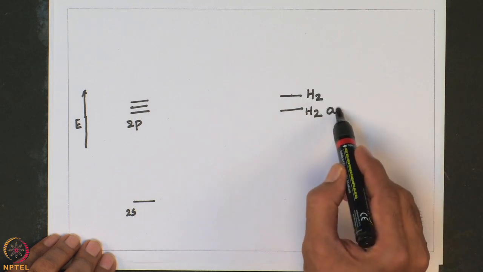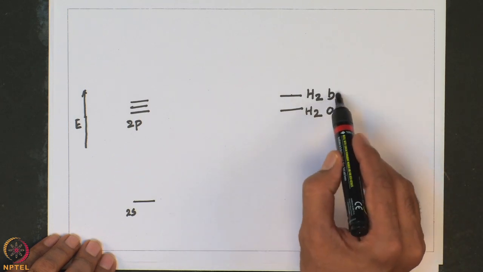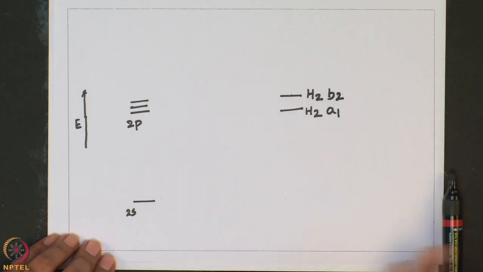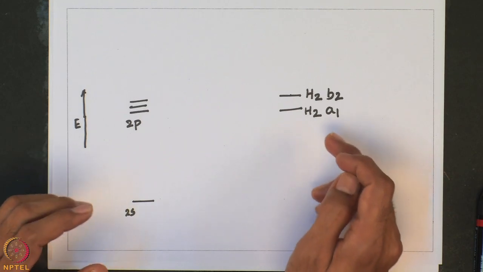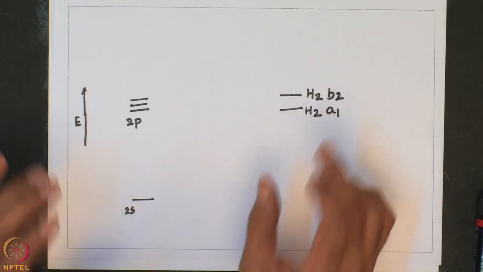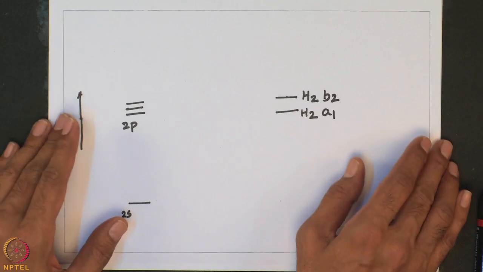So, this is with A1 symmetry, this is with B2 symmetry, and these are all called Mulliken symbols. At present you may not be familiar with what A1 and B2 are, and how these Mulliken symbols are given. For that one should have knowledge of group theory. Perhaps when you study group theory and go on to understand the spectroscopic features of coordination compounds, I am sure you will understand Mulliken symbols.